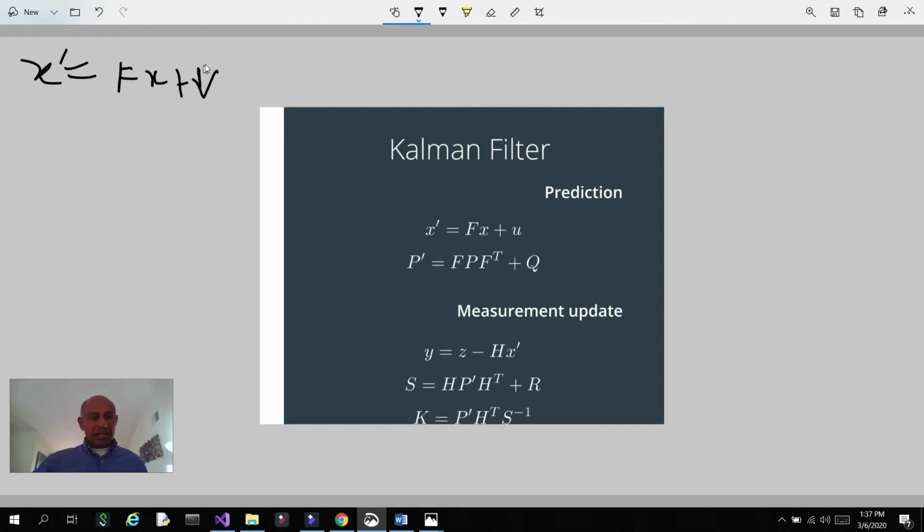It could actually be fx plus bu plus nu, and nu is noise. Actually B, this whole thing is for when you have acceleration, but we are considering no acceleration, constant velocity, and we're going to account for noise in this function.